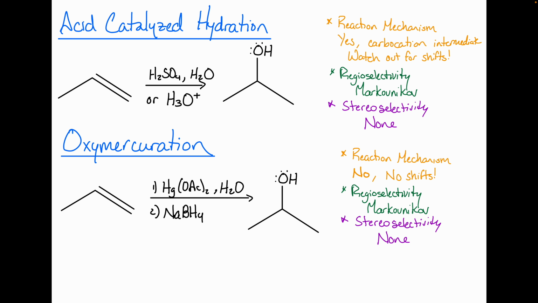All right, so we got two ways to do it that are Markovnikov. What if I really want to create an anti-Markovnikov alcohol? Well, you are in luck. We have a method to do it. What's called a hydroboration reaction.